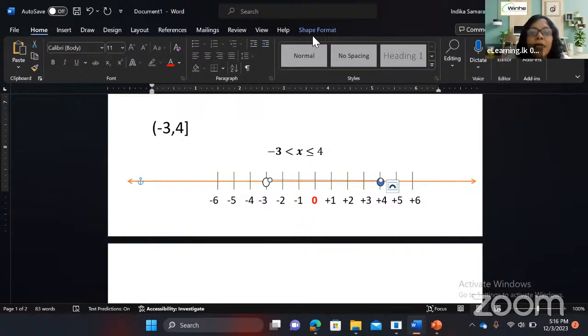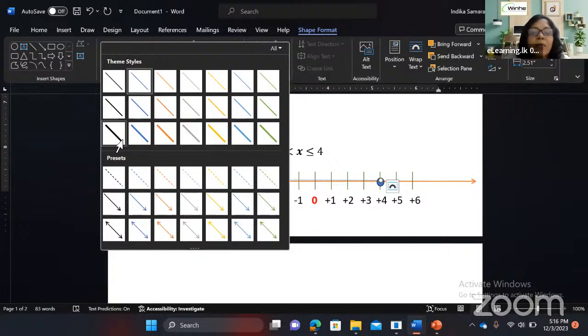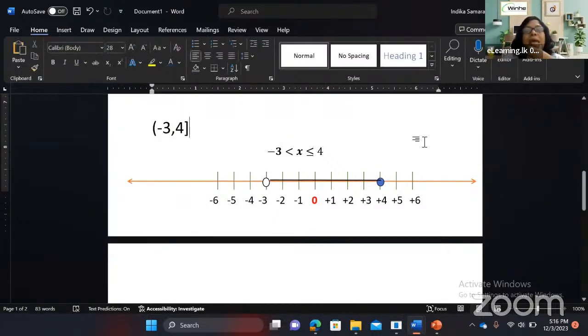After marking the endpoints, then you can draw the line. What does that mean? The x can be anything in between -3 and +4, including +4, but not including -3.